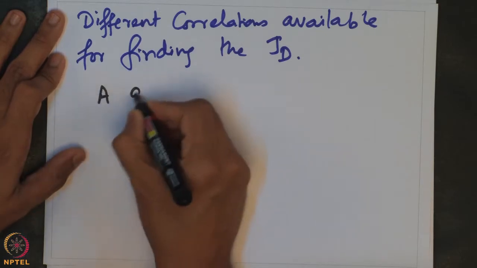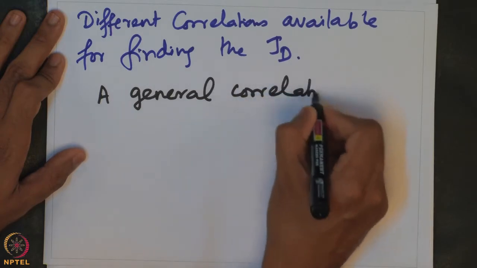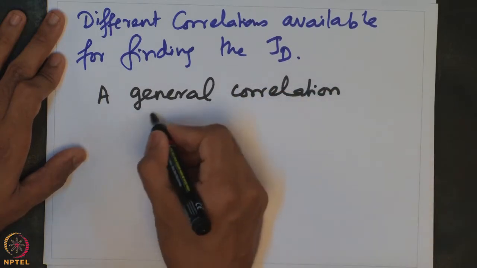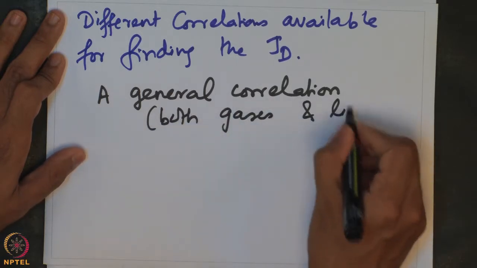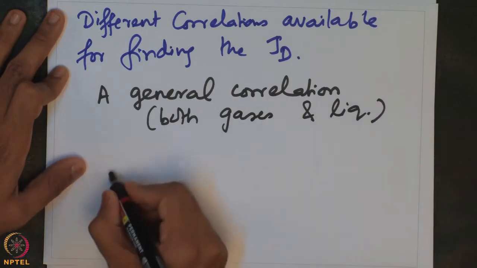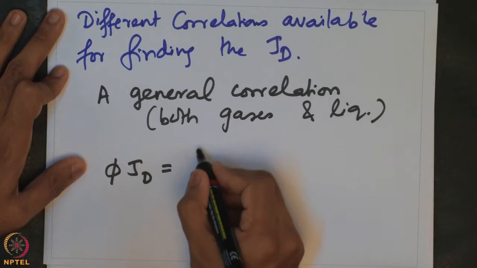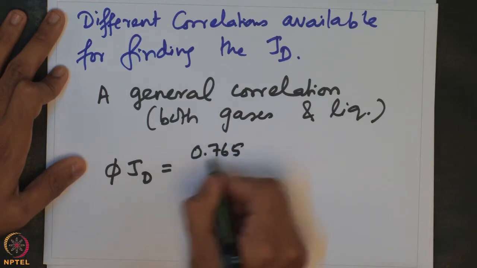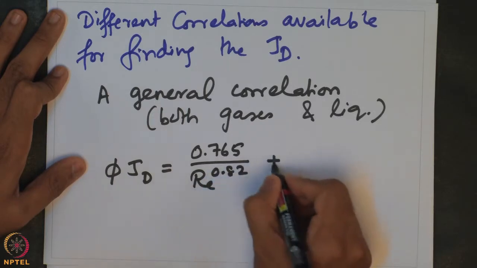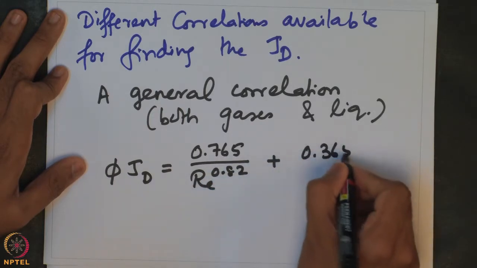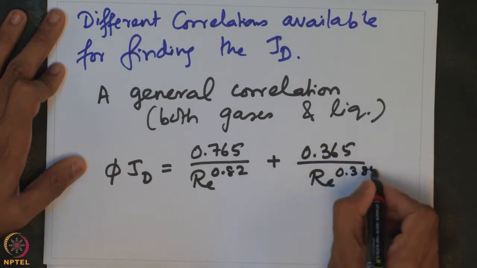So, a general correlation which is applicable for both gases and liquids is essentially given by phi times JD, which is again the porosity of the bed, is equal to 0.765 divided by Reynolds number to the power of 0.82 plus 0.365 divided by Reynolds number to the power of 0.385.